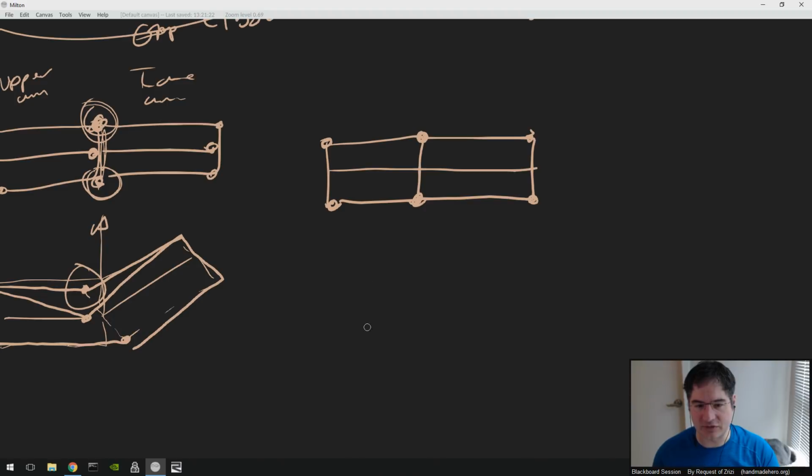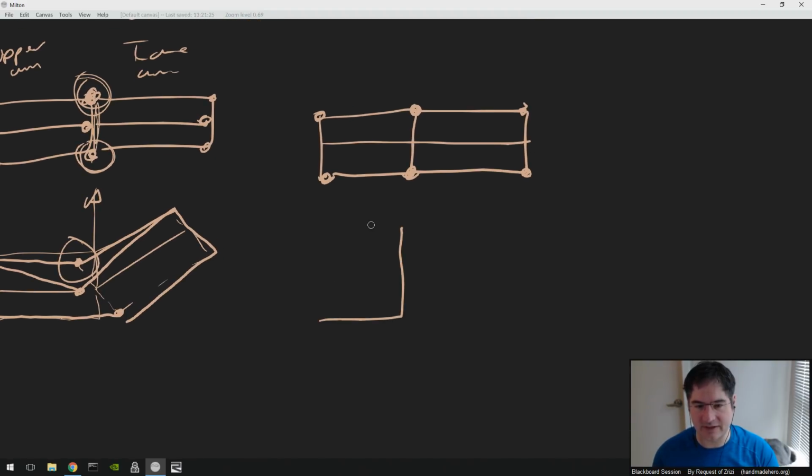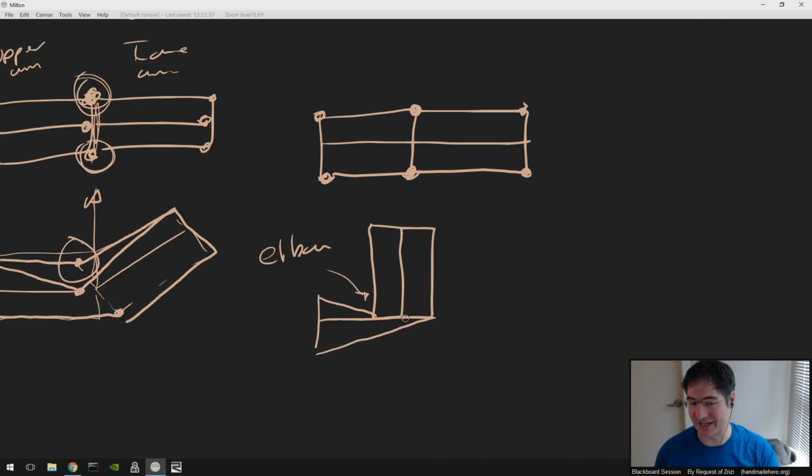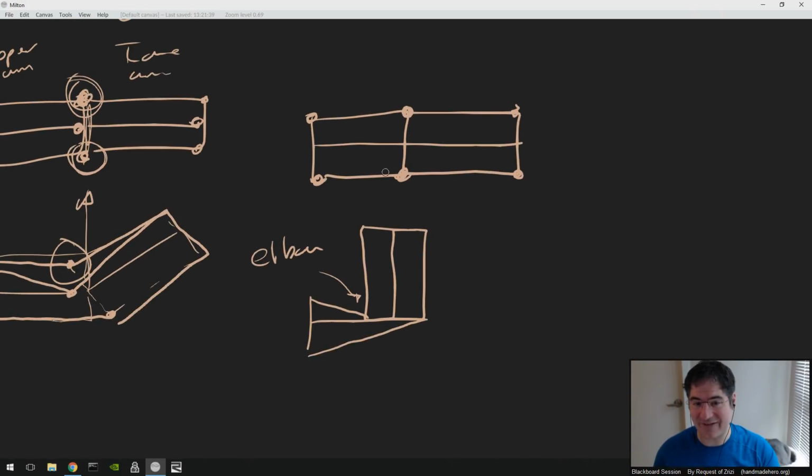Let's look at the two cases. So one case is I get that, right? So my mesh now becomes this, right? There's my elbow. Not a very good looking elbow, right? That's if I assigned them to the upper arm, or the lower arm, rather, sorry.